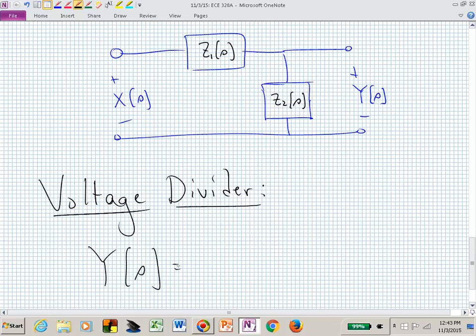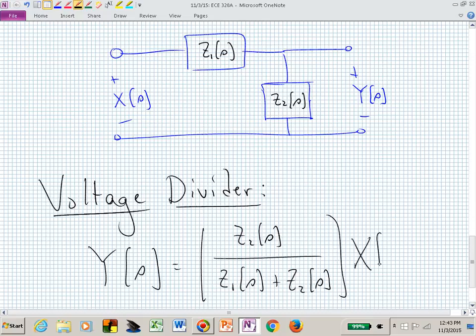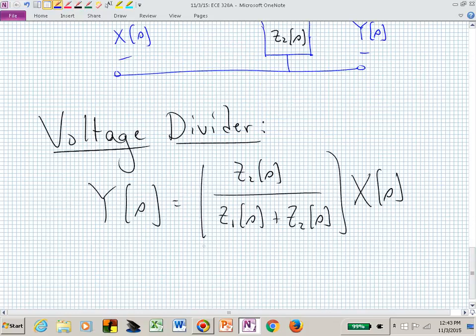Y of S is now simply Z sub 2 of S, that impedance, over the sum of the two impedances, times the input. And what's in square brackets is the transfer function that I was asking for before.